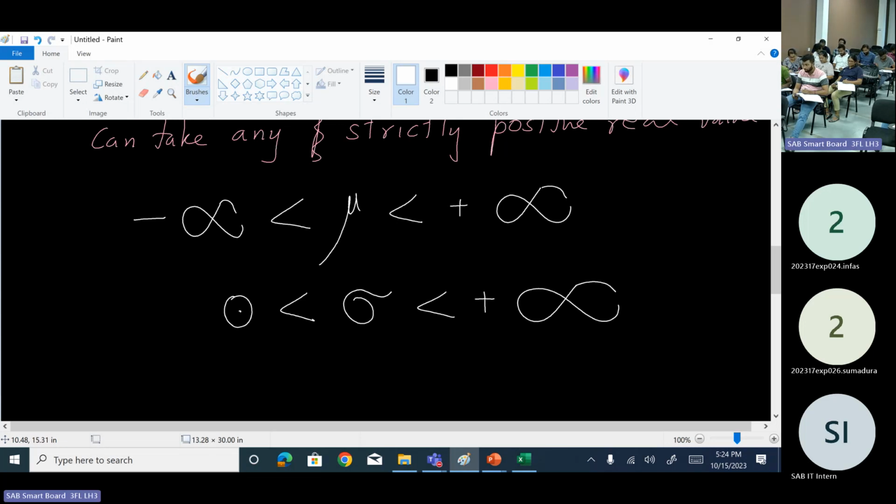Mu lies between minus infinity and plus infinity. Standard deviation sigma is strictly positive, so above 0.